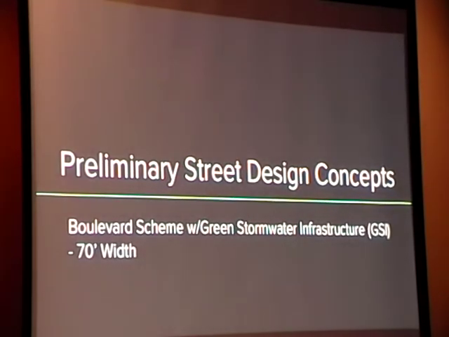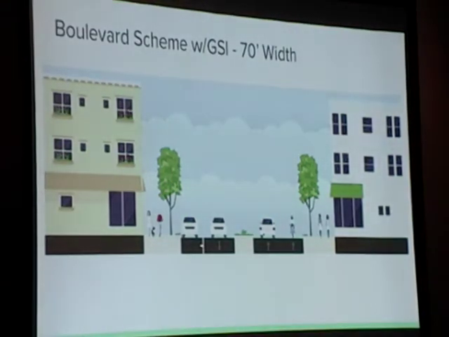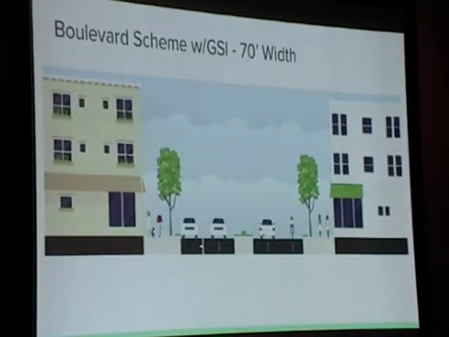And our final scheme, which is the one we recommend, is a boulevard with green stormwater infrastructure, and it's 70 feet wide. Designing the street out to this width allows the maximum flexibility in future considerations. Those considerations being this flex space here.